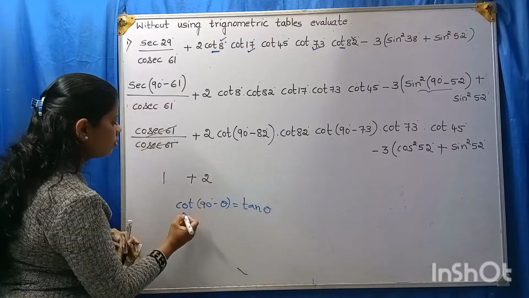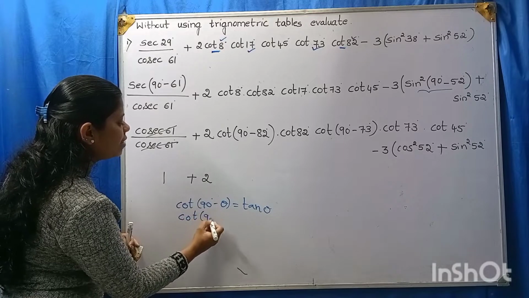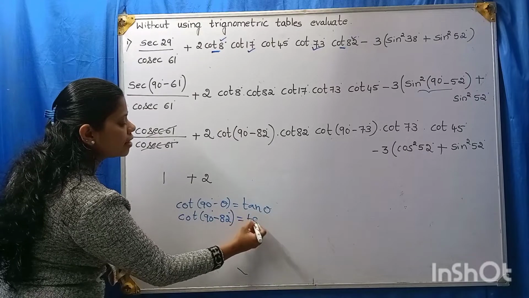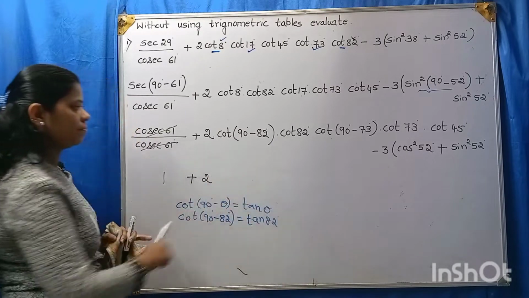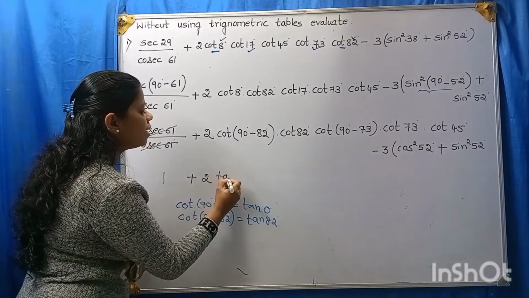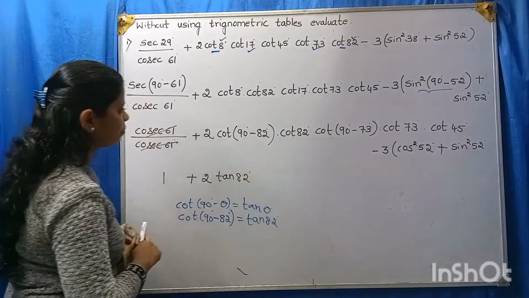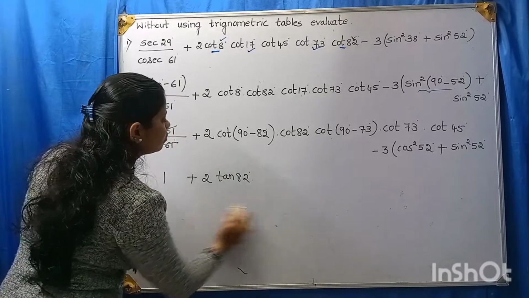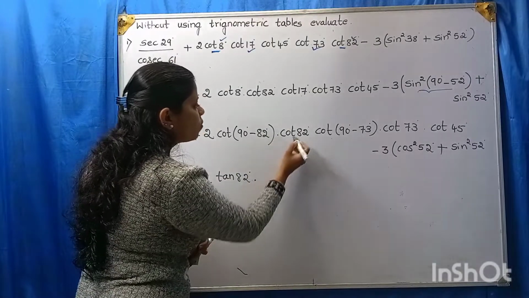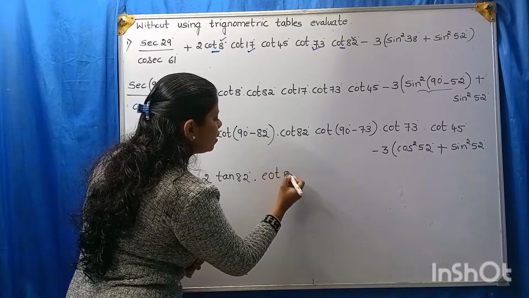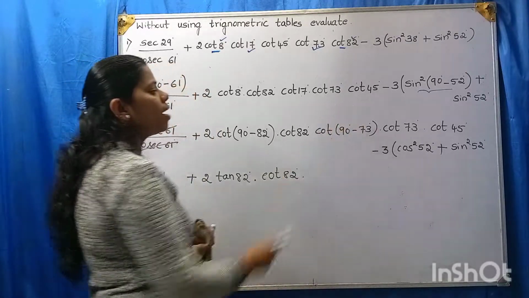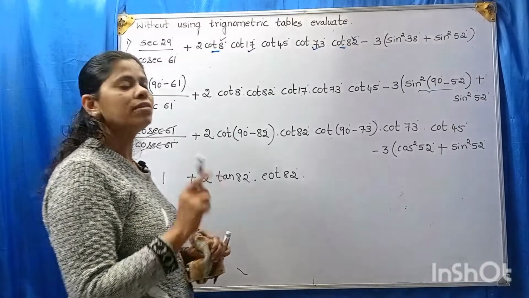Here we have cot 90 degree minus 82 degree, in the place of theta we have 82 degree, therefore I can write it as tan 82 degree, into cot 82 degree, into again cot 90 degree minus theta is tan theta.